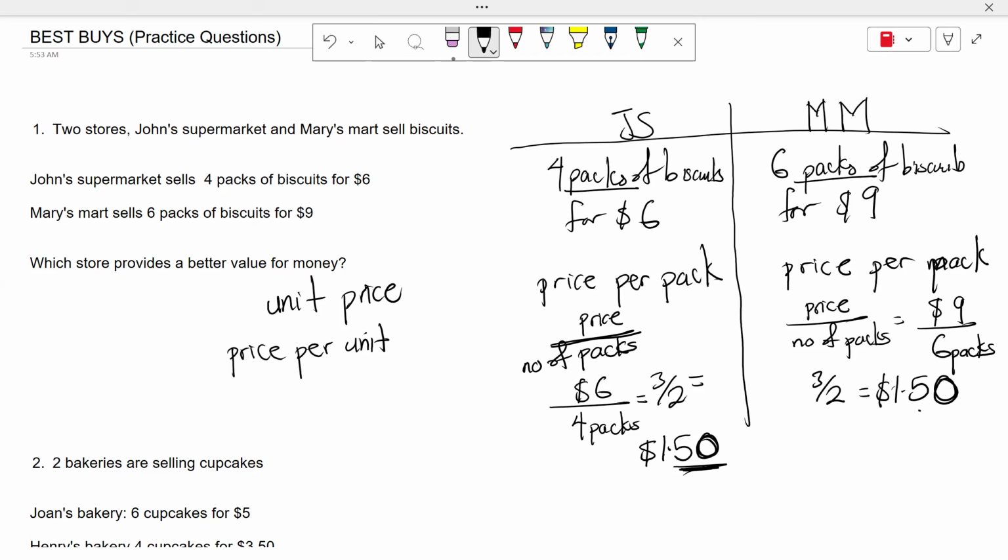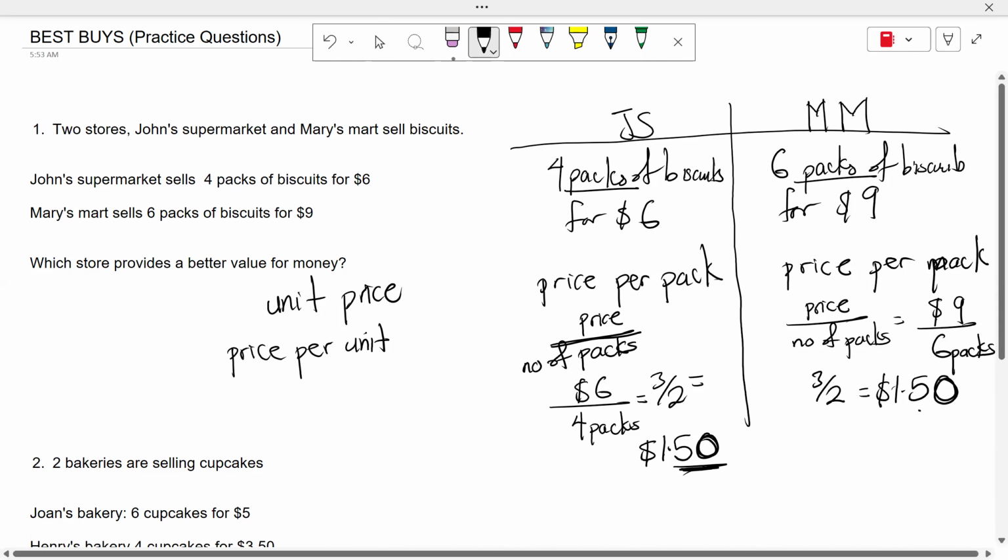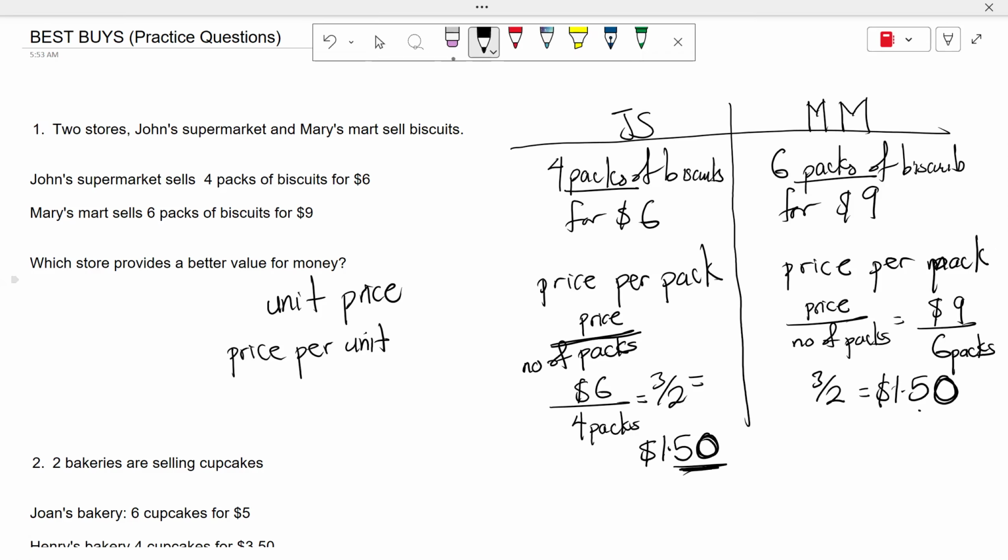It now depends on how many you want to buy, honestly, at this point. It just depends on what would suit you. So which store provides a better value for money? None of them, because they are selling at the same unit price.